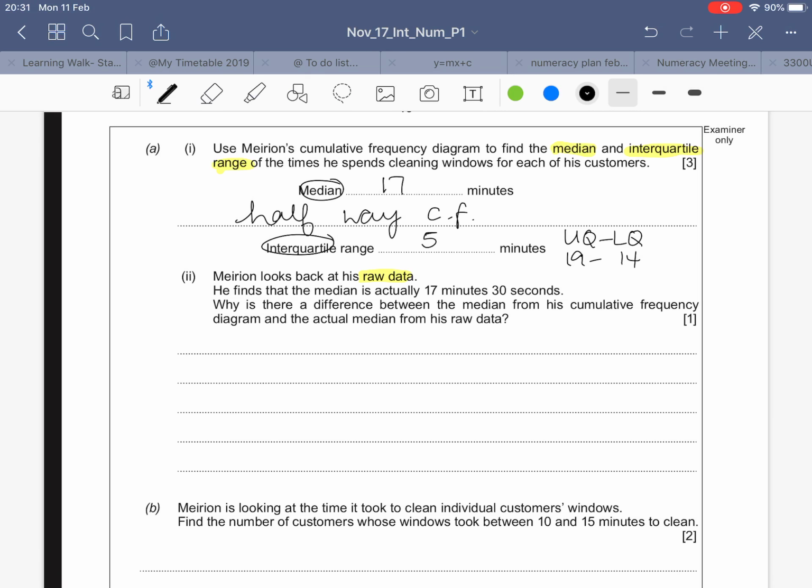So we can put that down. It's another one of those E-marks to show your understanding, and you need to explain the raw data is more detailed, and now the data has been grouped.